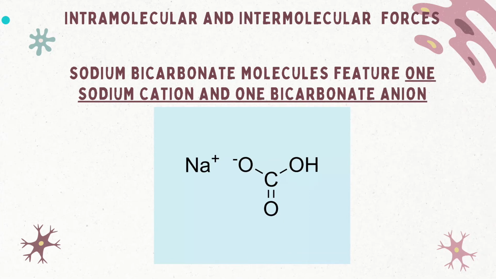Intermolecular and intramolecular forces. The sodium bicarbonate molecule features one sodium cation and one bicarbonate anion. Here an ionic bond is formed between the positively charged sodium ion and the negatively charged oxygen, which is singly bonded to the central carbon and not bonded to a hydrogen atom.